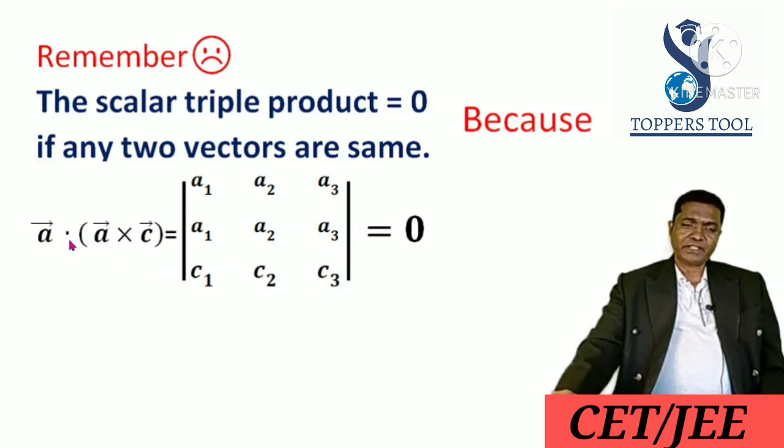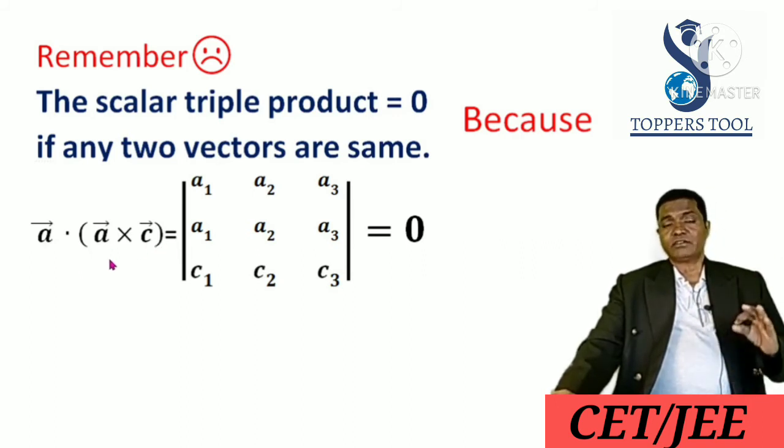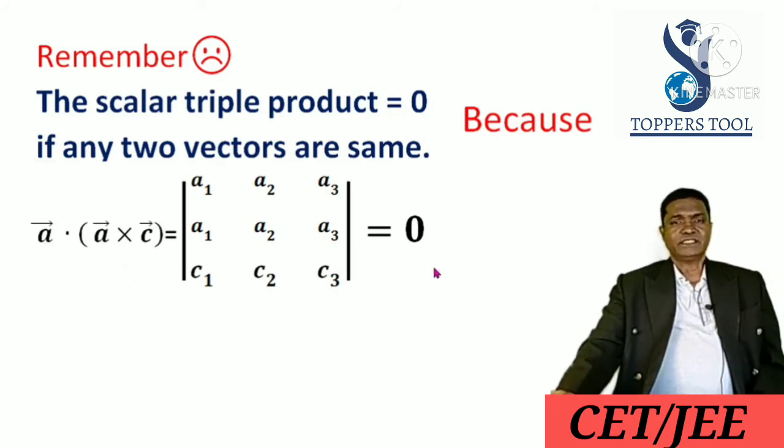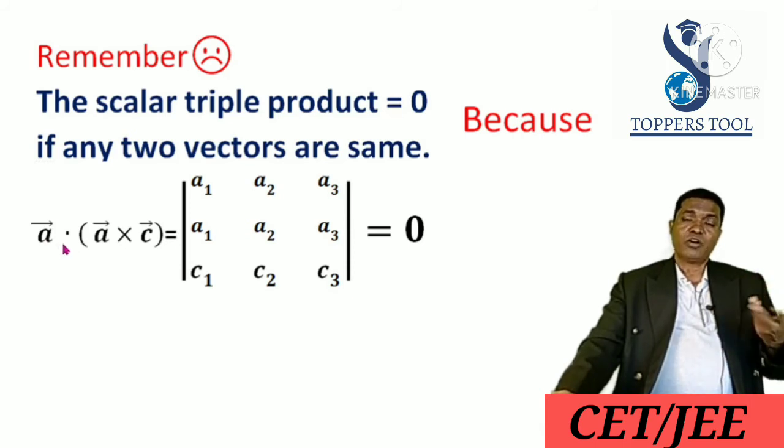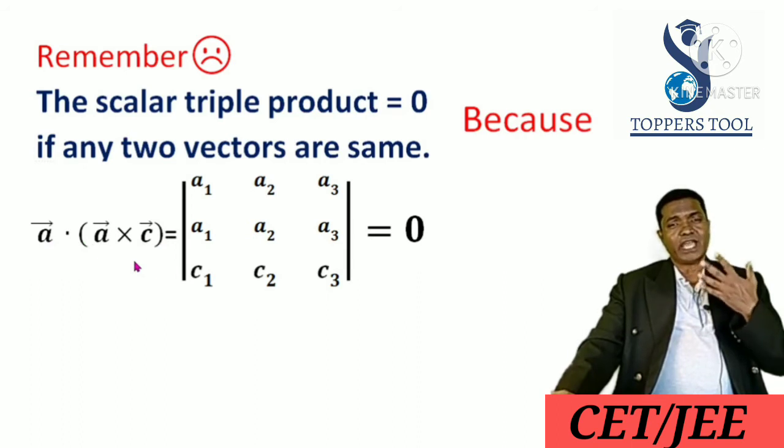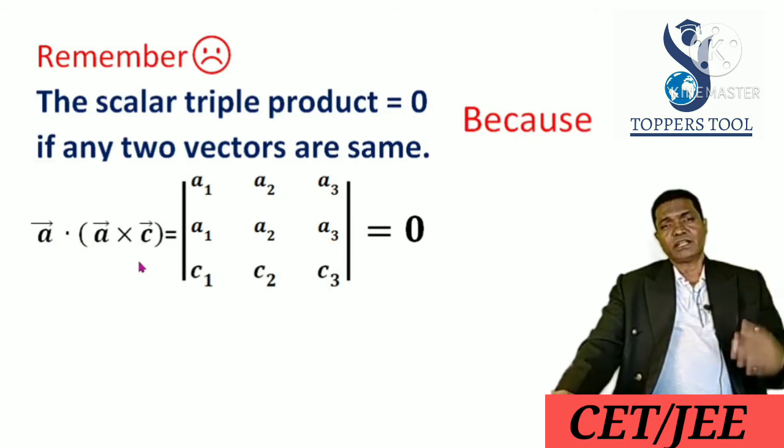Suppose you have vector B and vector B somewhere, the order is not important. Anywhere in the scalar triple product, if two vectors are identical, then its triple product is going to be 0. Why? Because in that case two rows become identical. So either you have two A's, or two C's, or two B's anywhere in the scalar triple product, and straight away you can write its triple product as 0.